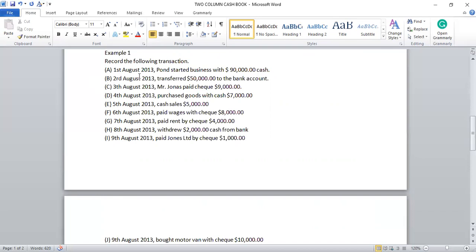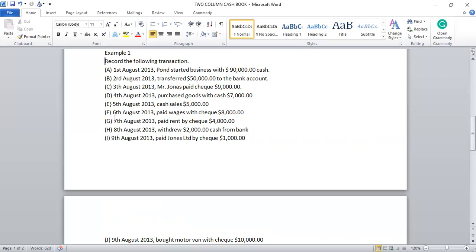A, 1st August 2013, Pound started business with $90,000 cash. B, 3rd August 2013, transferred $50,000 to their bank account. C, 3rd August 2013, Mr. Jonas paid check $9,000. D, 4th August 2013, purchased goods with cash $7,000. E, 5th August 2013, cash sales $5,000.